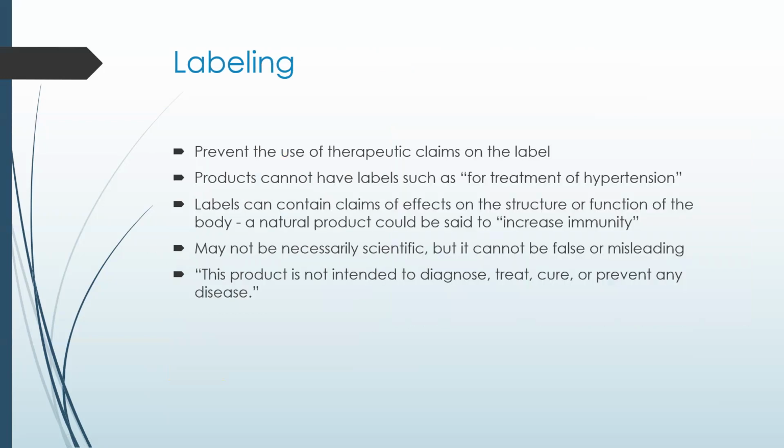So labeling is an interesting aspect of herbal supplements. It prevents the use of therapeutic claims on the label. So the regulatory bodies that are out there don't allow, like I said, therapeutic claims. You can't make a specific claim that this herb will do this, even though you may find it in books.